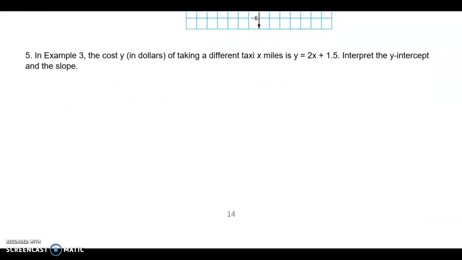And then in example 3, interpret. So we're back to that example with the taxi. This time the slope, which remember is a rise over a run, is 2. I'm going to write it as 2 over 1. That's your slope. And then remember, our rise label was money.